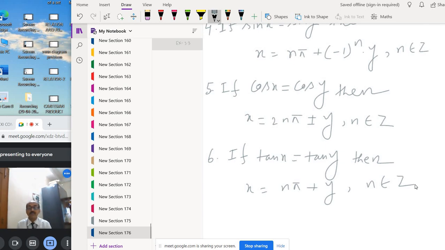So these all are the general solution formulas. Okay. So by using this, we will do the next exercise 3.4.